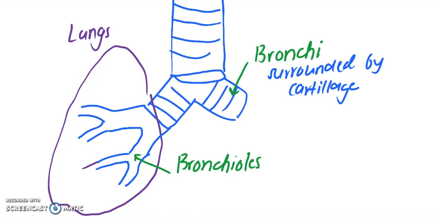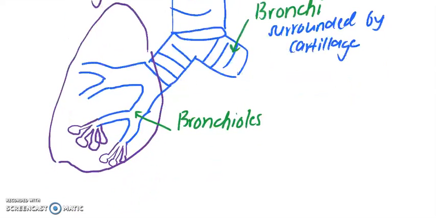And then towards the end, we are going to have little sacs at the end of each of these terminal bronchioles. And these are the alveolar sacs. So now we have reached the alveoli, and this is where gas exchange occurs.